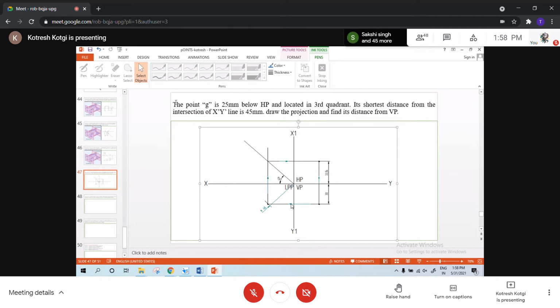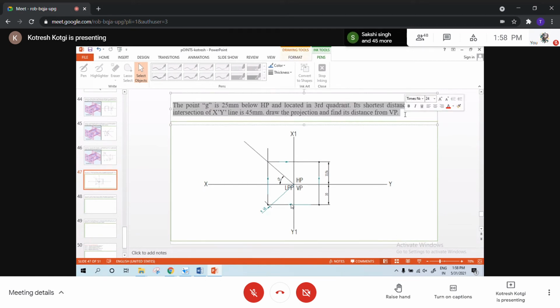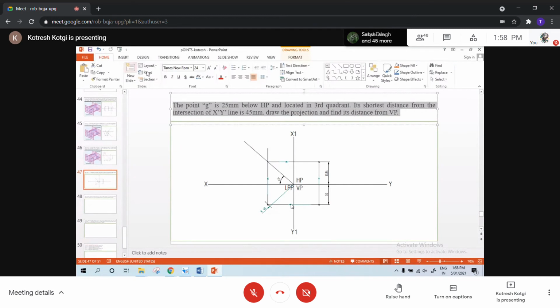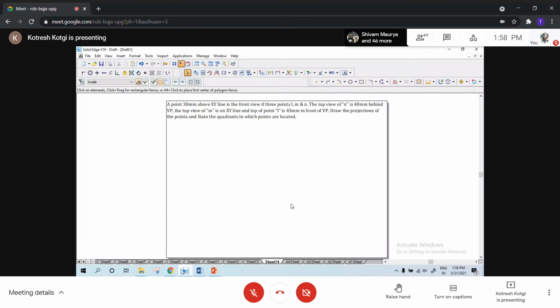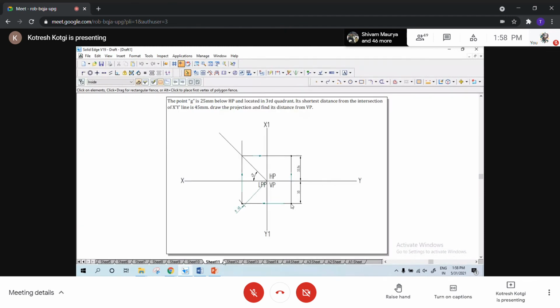Read the question. You're able to read the question, right? The point G is, you can note down, point G is 25 mm above HP. Okay, not this. I'll go back to software. Here you can see.